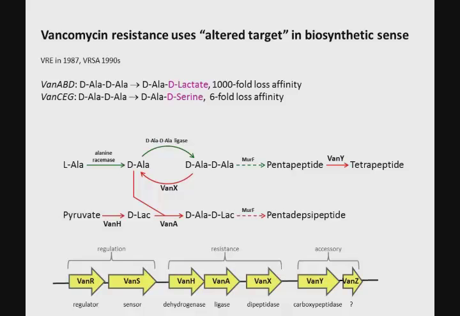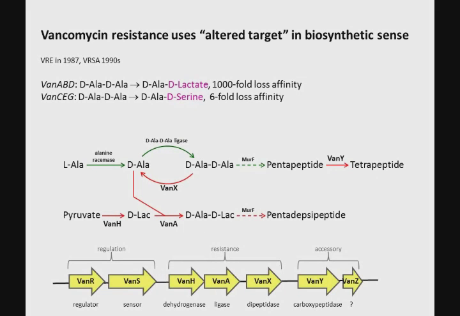And so you've removed the target of vancomycin. VanX will also help you out by chewing up the D-Ala-D-Ala dipeptide intermediate. And this is the second gene in here. But you still have to build a wall.